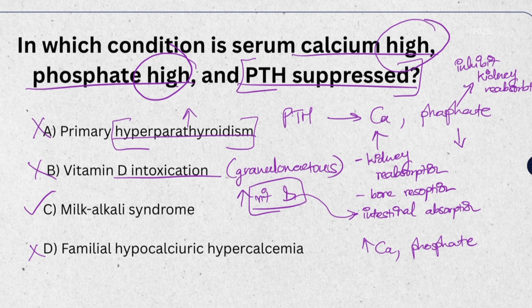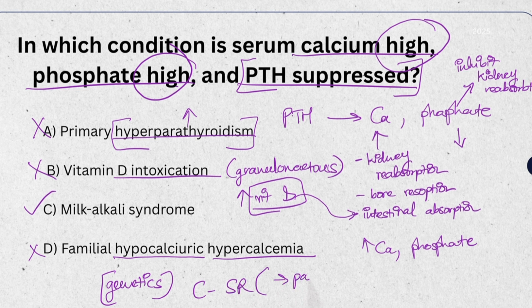hypocalciuric hypercalcemia. This one is mainly due to genetic mutations. There is a mutation in the calcium sensing receptors in both the parathyroid gland and the kidneys.